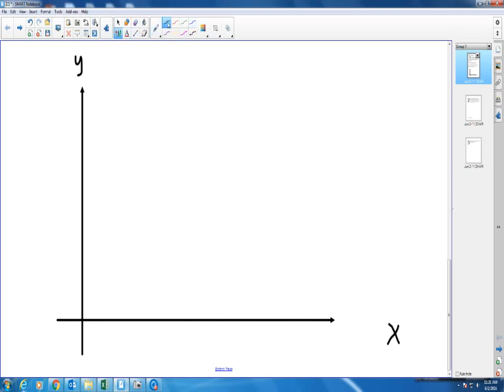Let me just draw a curve. If I have a curve, and on the curve there's a point called point P.